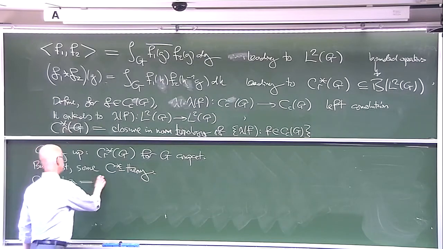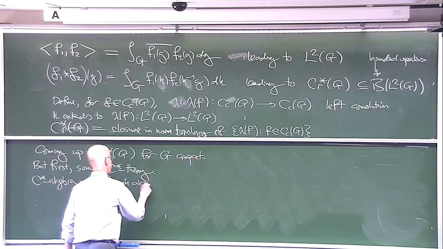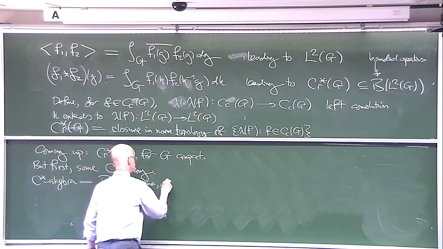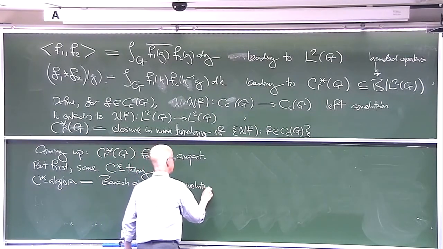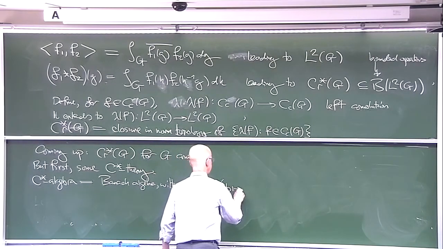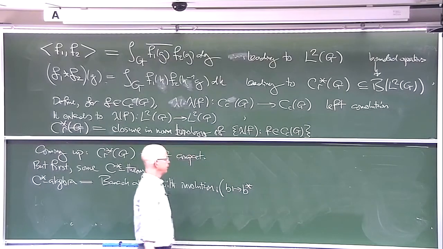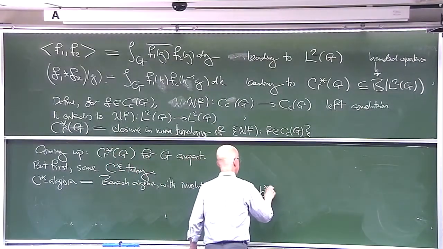But anyway, what this means is the C-star algebra is just a Banach algebra together with an involution, an operation which sends each element to some other element, and then there are various laws.